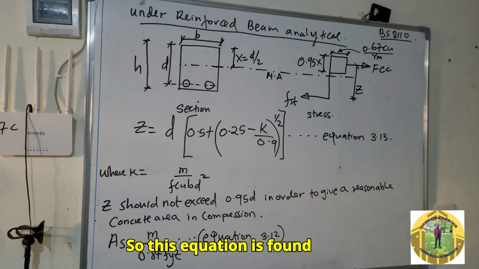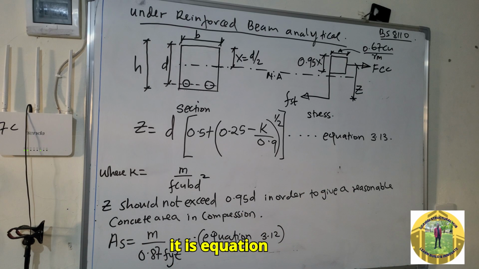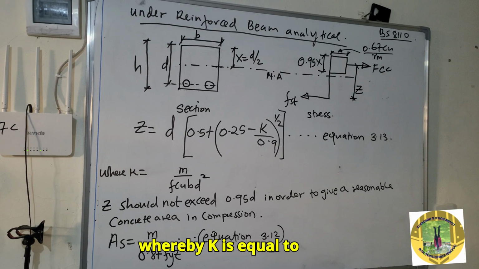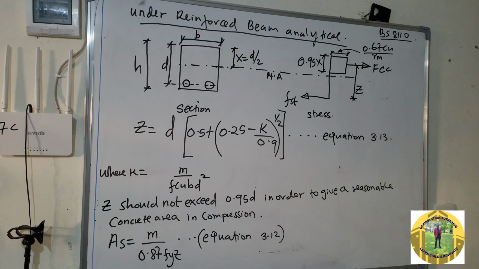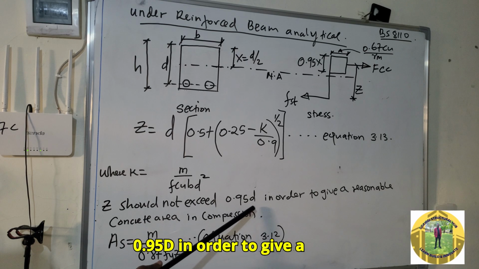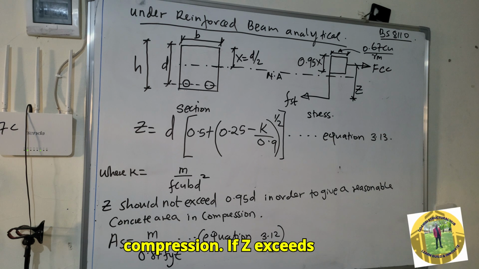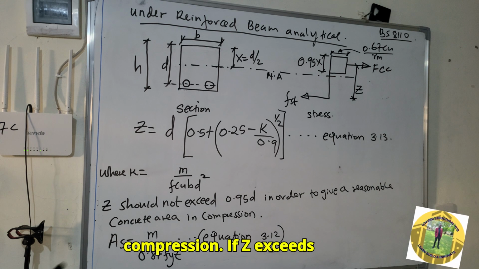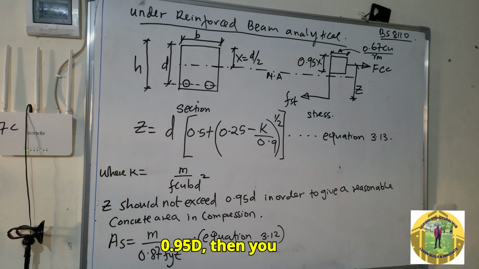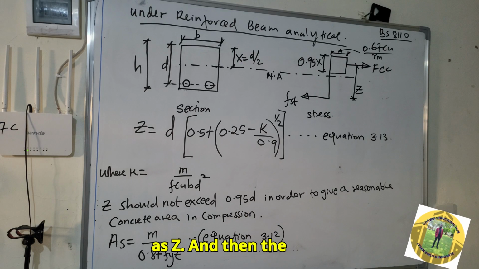This equation is found in BS 8110, equation 3.13, whereby K = M/(fcu b d²). z should not exceed 0.95d in order to give a reasonable concrete area in compression. If z exceeds 0.95d, then you should use 0.95d as z.